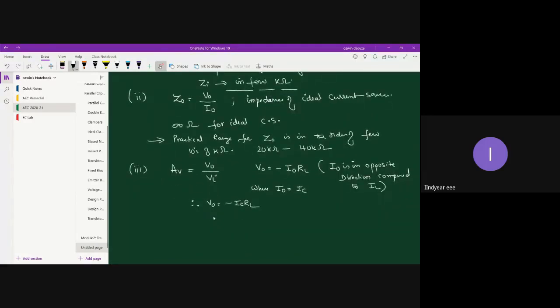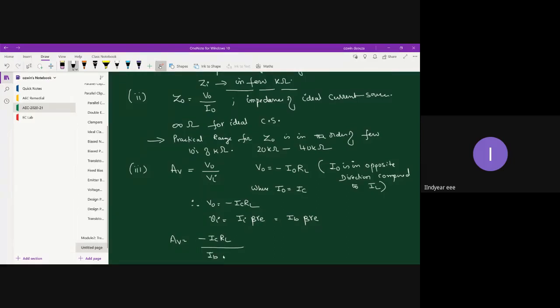Then let's go back to the input voltage expression. Input voltage VI is equal to II into beta RE, or IB into beta RE. So what do we have? We have the expression for two voltages. Let's divide them. So AV is equal to output voltage, that is minus IC into RL, divided by VI.